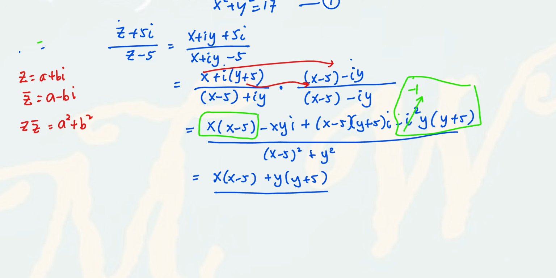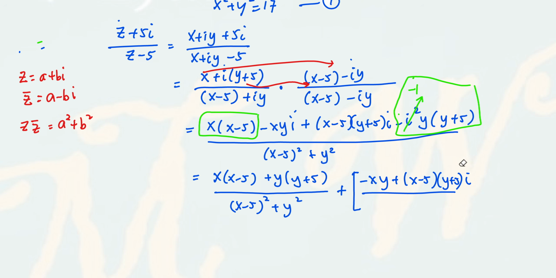Okay, so I will rewrite my denominator. And now my imaginary part. Okay, so here I will factorize the i. So I will write the i at the back and followed by minus xy plus x minus 5, y plus 5 over the denominator.